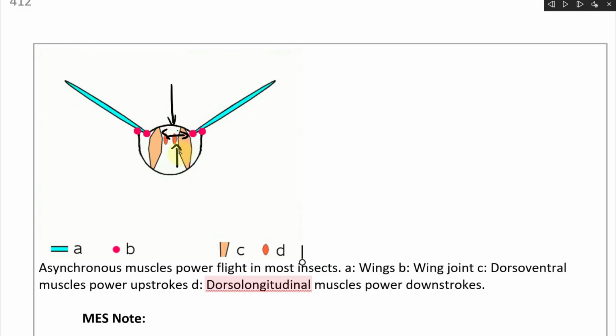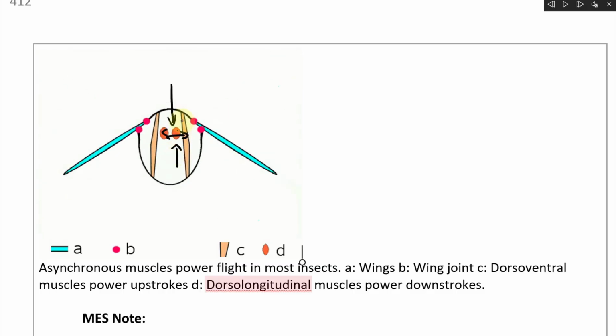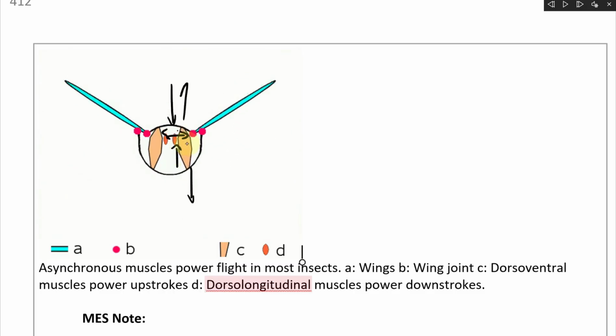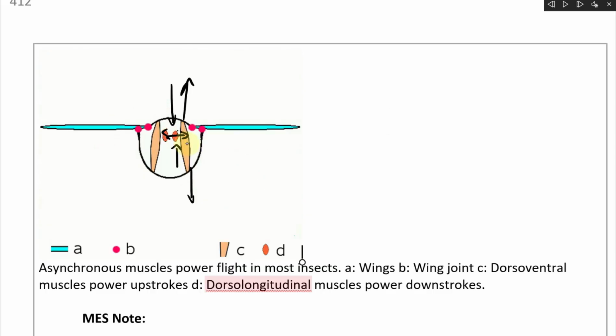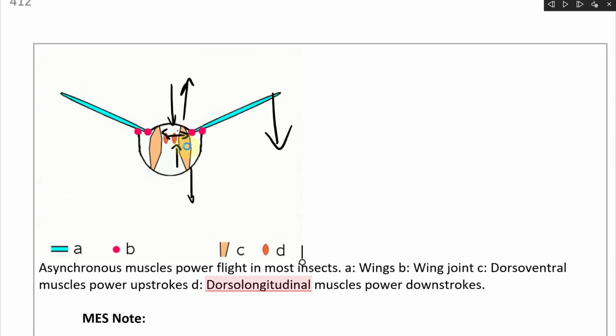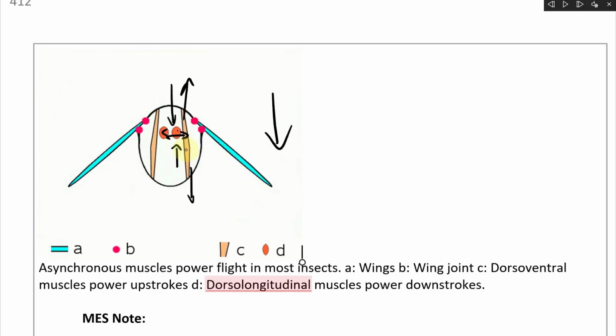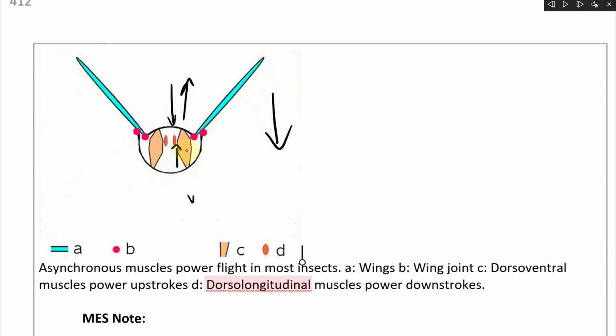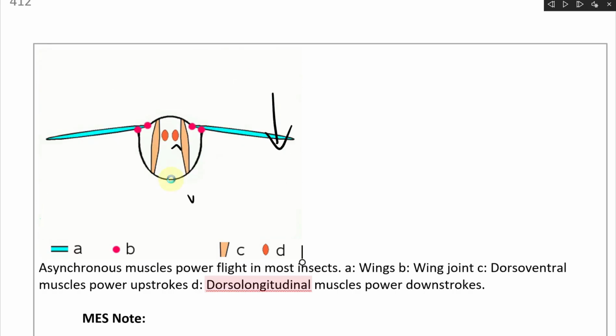They stretch outwards. So when this compresses, this stretches out upwards, which causes a downstroke. As this stretches outwards, that pushes a downstroke.